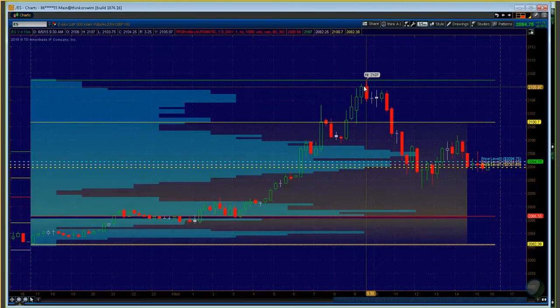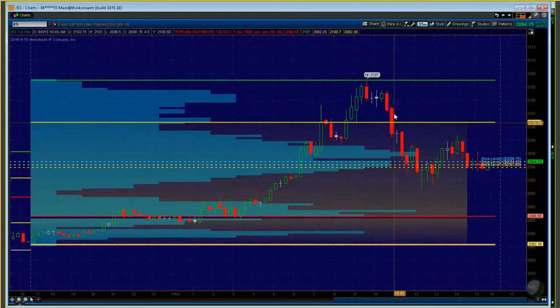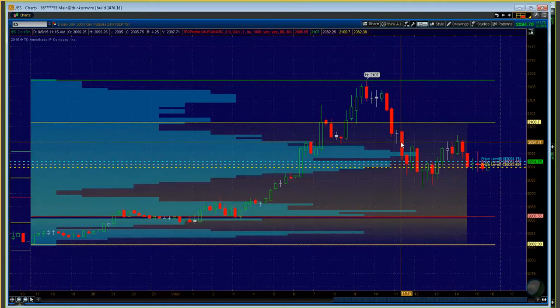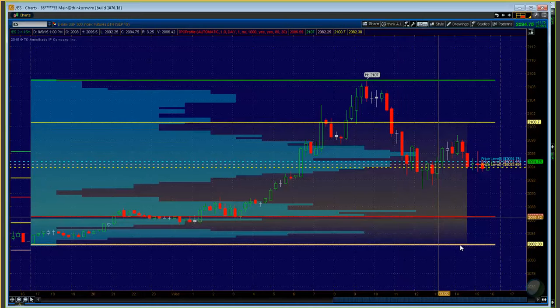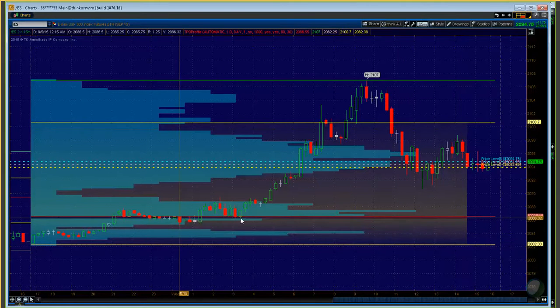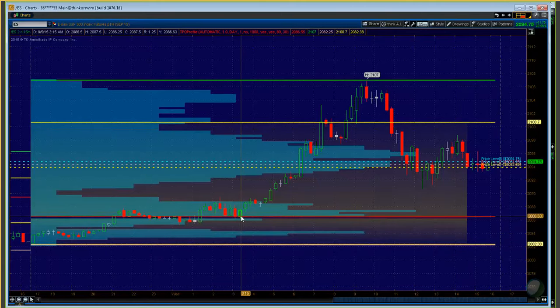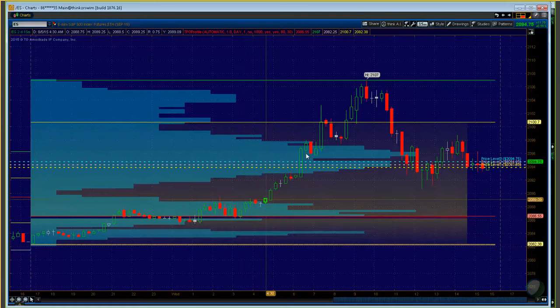Conversely, if price is above the top of the value area, and it breaks in and holds in there for at least 30 minutes, you have an 80% chance of it going all the way back down to the bottom of the value area. Once it breaks above the POC, that's a real good indication that it's going to continue to move up to the top of the value area. So that's how you'd use the TPO profile and how Shadow Trader uses it.